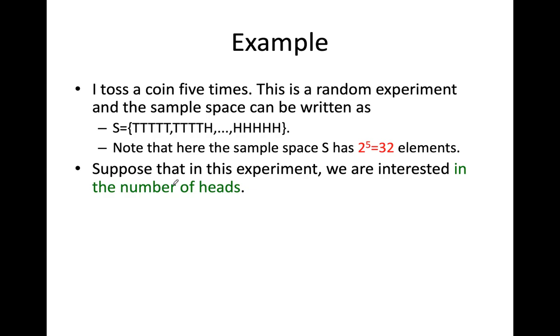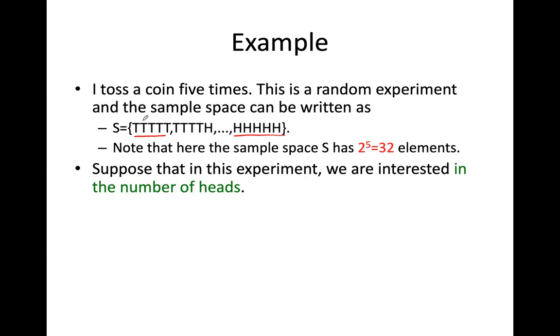I'm tossing a coin 5 times, and my random experiment has 2 to the power 5, which is 32 possible outcomes. And as you see, possible outcomes range from all tails up to all heads, and all these outcomes will vary for each flipping.